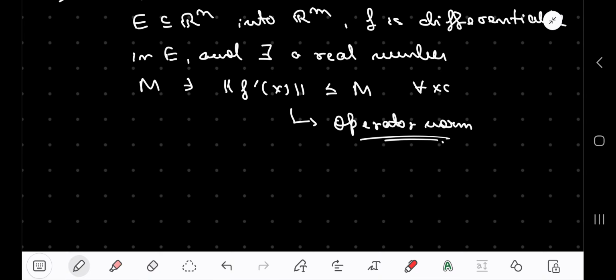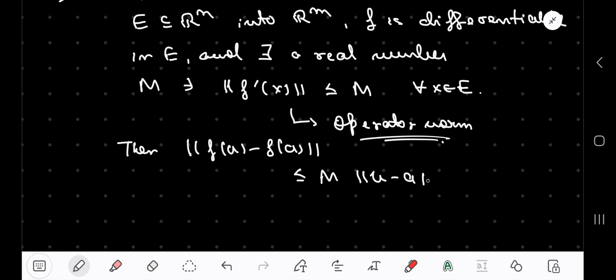This happens for all x in E. Then the norm of f of b minus f of a is less than or equal to M times the norm of b minus a for all a, b in E.